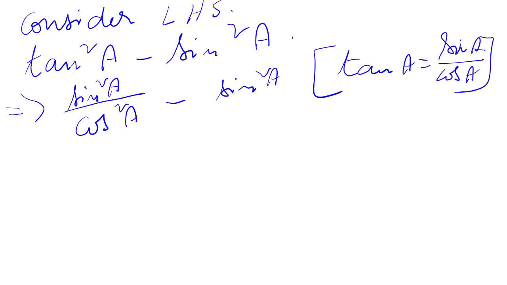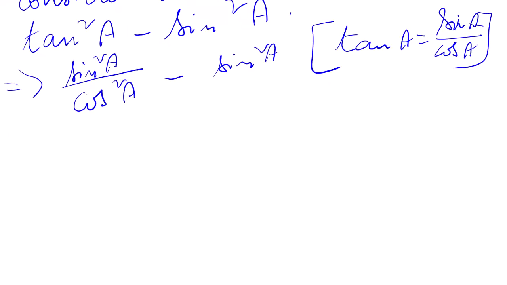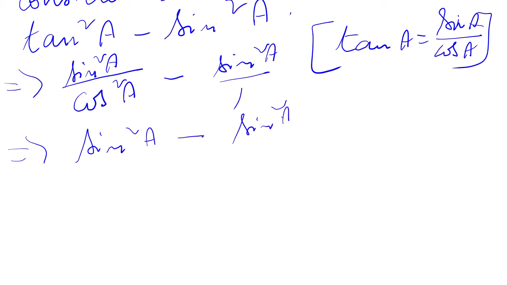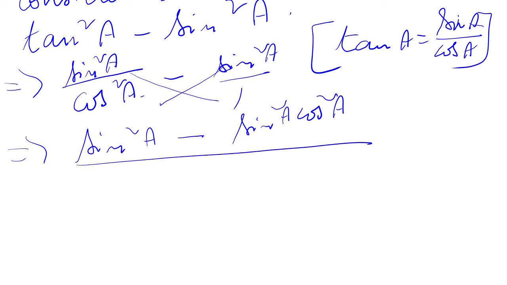Okay, so now this denominator is 1, so this sine square A minus sine square A cos square A, these two I am cross multiplying like this, okay, upon cos square A, then you multiply these two, that is cross multiplication.